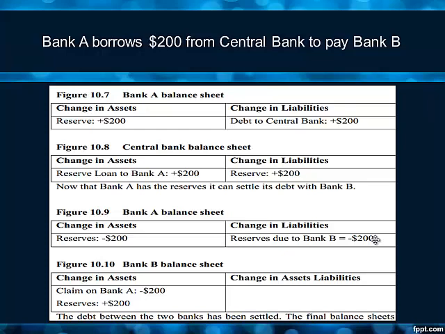Well, bank A says to the central bank, please lend me $200 so that I can pay bank B. The central bank is required to do this. If the bank is solvent, in good standing, then the central bank must make the loan. This is by law, because if it doesn't, the system would collapse. The system works because the central bank is there. So in some sense, all banks are public banks.